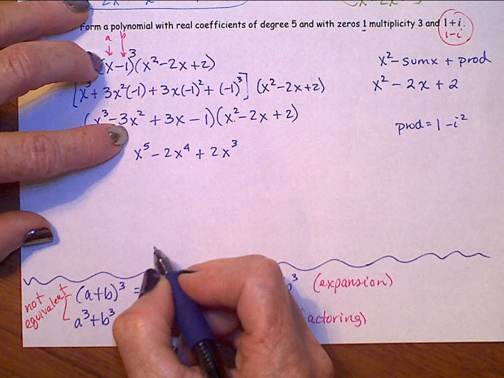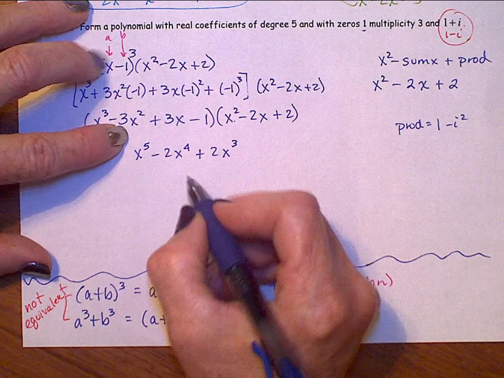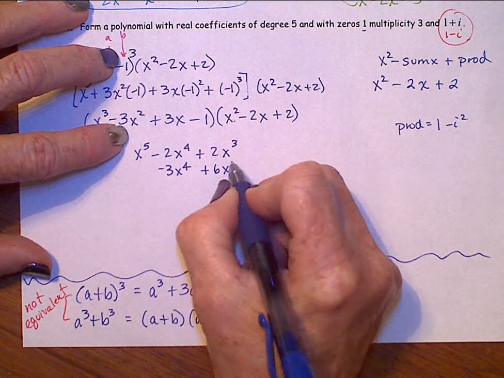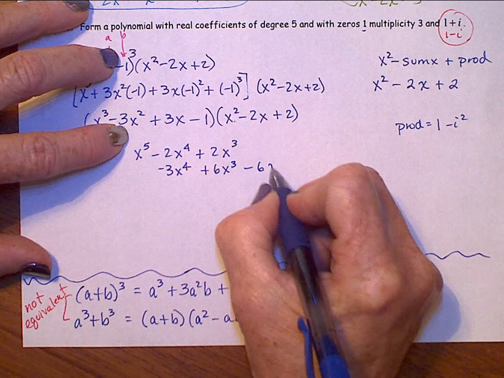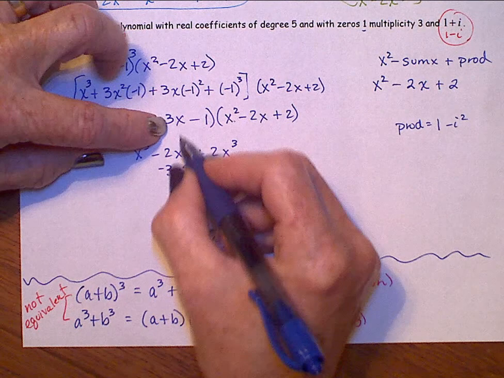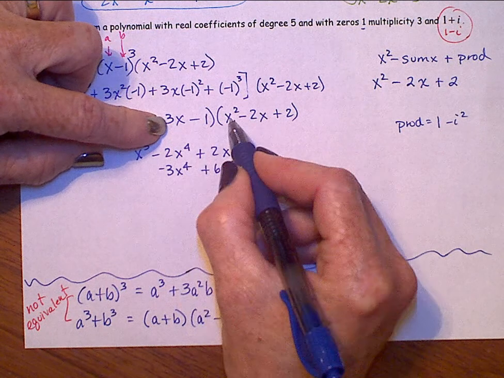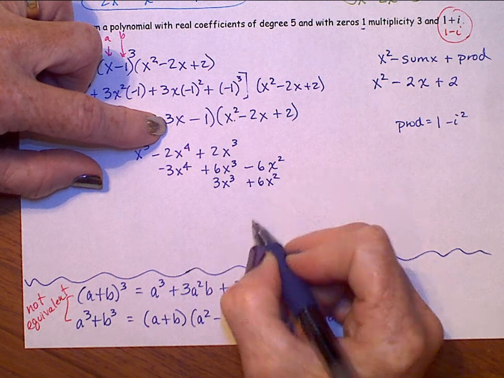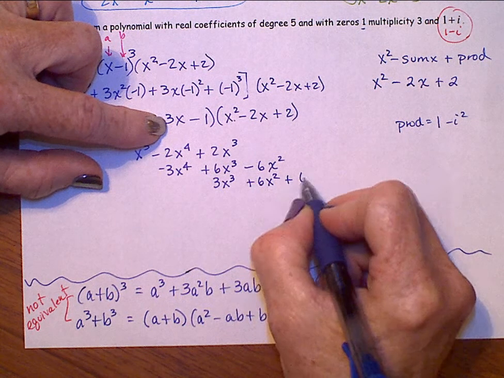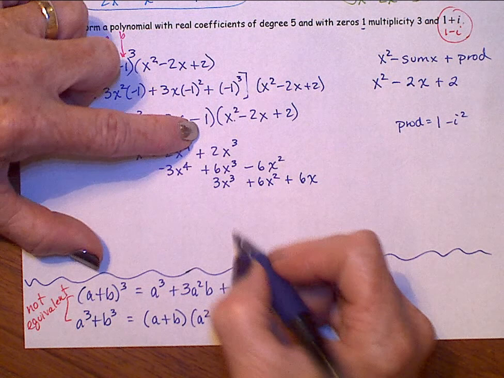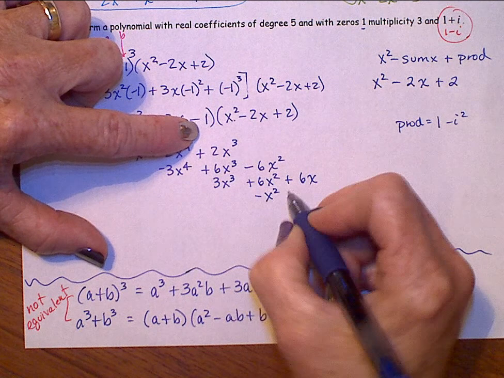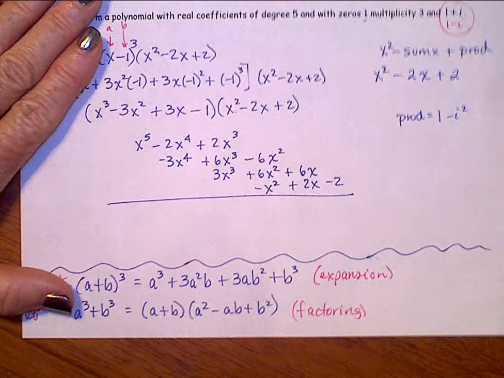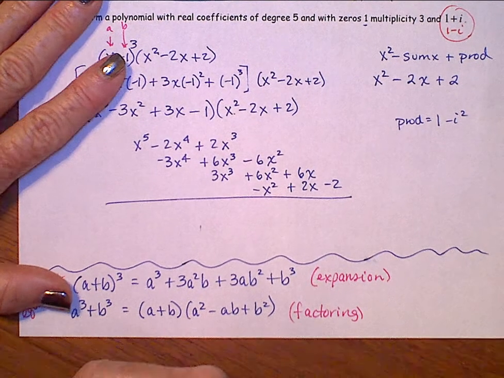And then the minus 3x squared times each of those is a minus 3x to the fourth, plus a 6x cubed, minus a 6x squared. 3x times each of those is 3x cubed, plus 6x squared, plus 6x, and then last one is a minus x squared plus 2x minus a 2. See, isn't it nice to write it vertical? Then your terms are already collected. You just need to add down the columns.